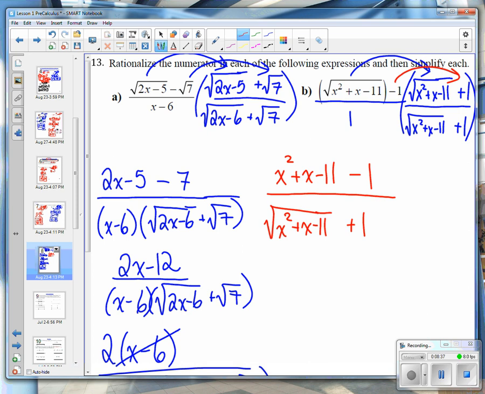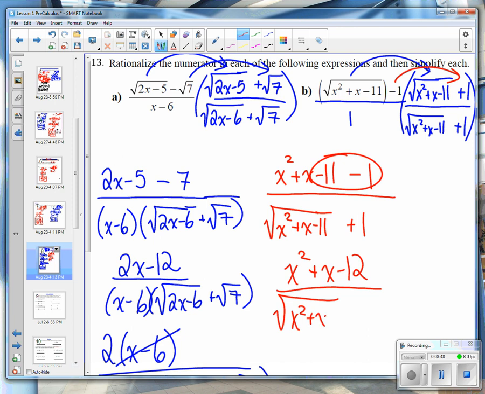And then we can go ahead and simplify. So I've got these two like terms. So x squared plus x minus 12 over root x squared plus x minus 11 plus 1. And that's it. There's nothing that we can combine or simplify or cancel out, so we can just circle that as our final answer.